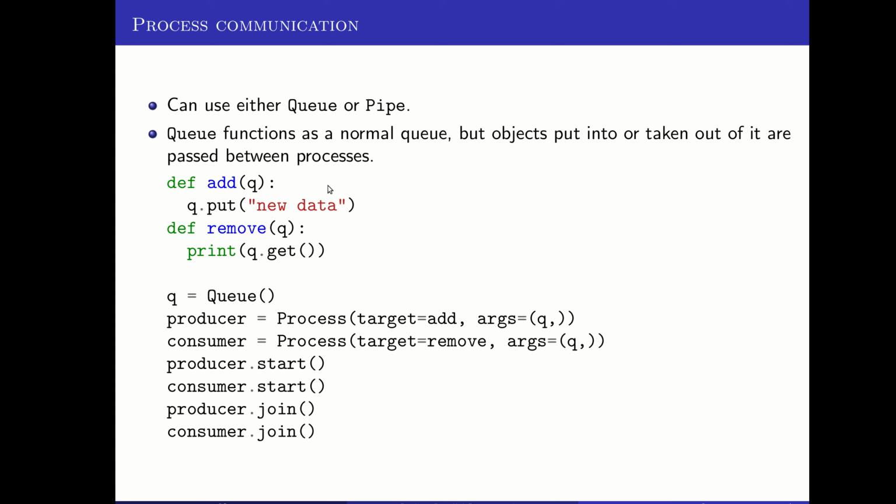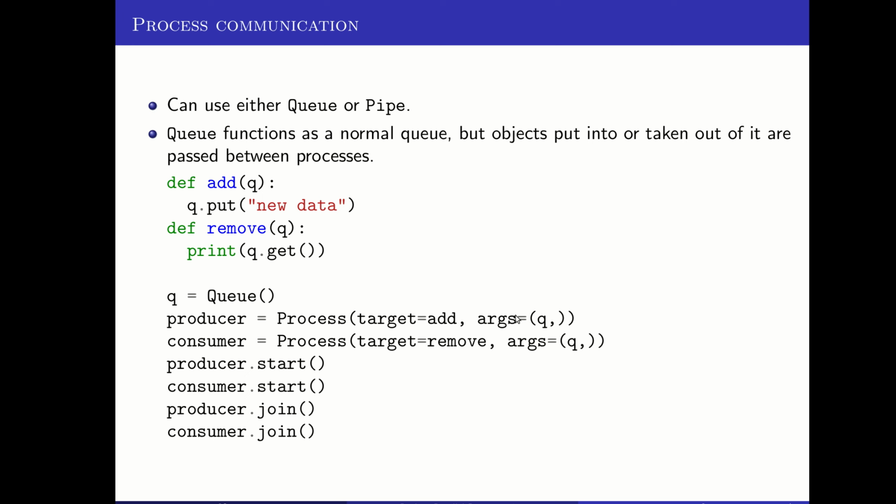So here, for example, I've done a producer and consumer kind of model. One of them is putting data into the queue, and the other one is getting data out of the queue. The producer gets the add function that I've written here that just puts the string new data into the queue. And the consumer gets the remove function that just prints out what it gets from the queue.